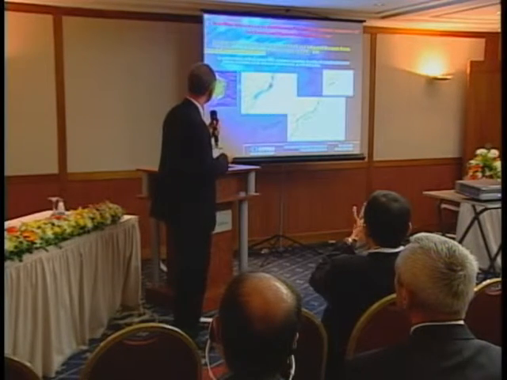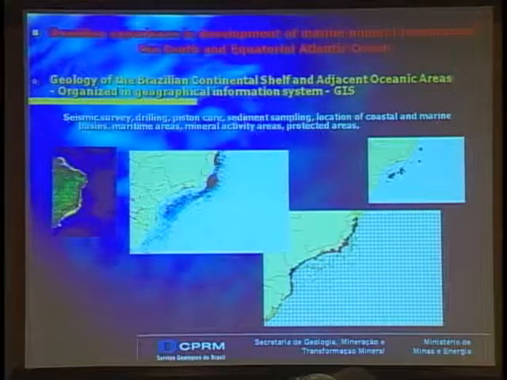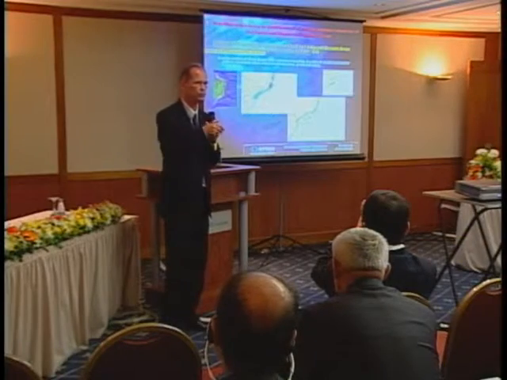Also, we include all the seismic surveys available from Petrobras. What you can see here in yellow are thousands of seismic profiles, and all the drilling. But in this project, we don't have the seismic survey itself. We have information on the seismic surveys and the drilling, so you know where to find it if you are going to work in a specific area.